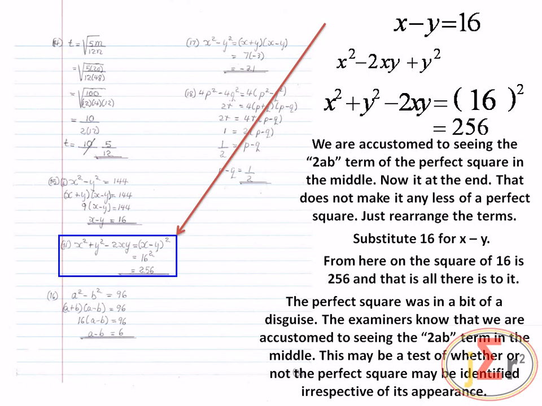And the CXC examiners will just twist it a little bit just to give us a test. And as I said before, this test may be a test of whether or not the perfect square may be identified irrespective of its appearance.